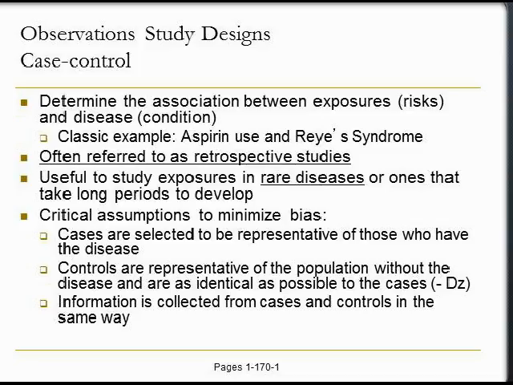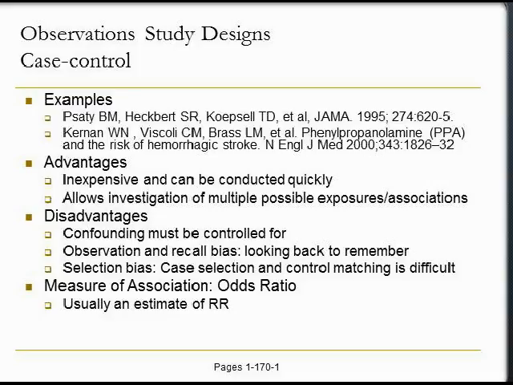And information must be collected in cases and controls in the same manner in an effort to minimize bias. There's an example that we'll go through a little bit later, which is a phenylpropanolamine study and its risk associated with hemorrhagic stroke.